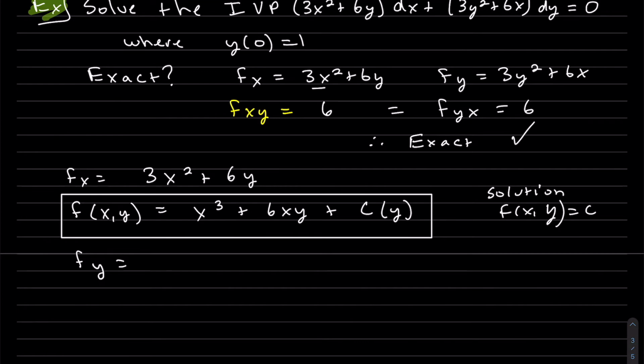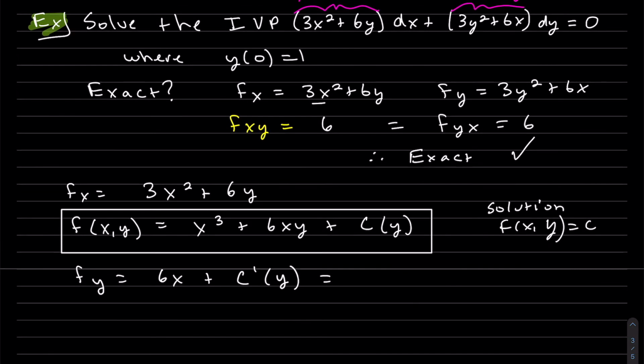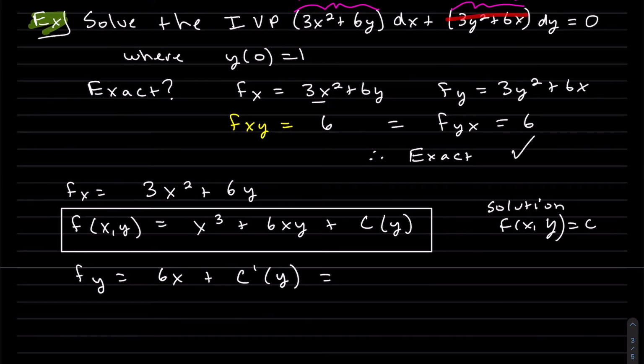So we're taking that function and taking the derivative in terms of y, the partial in terms of y. So we get 0 there, 6x here, plus the derivative in terms of y. Now we know what this f of y is. It's right there. Here's my f of y, 3y squared plus 6x.